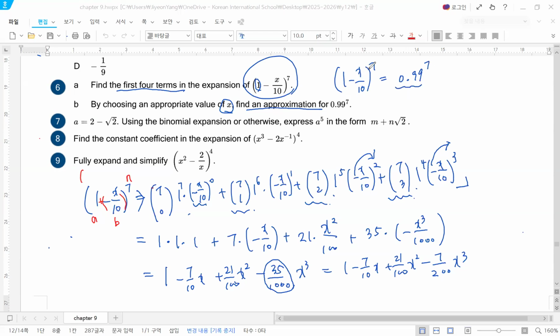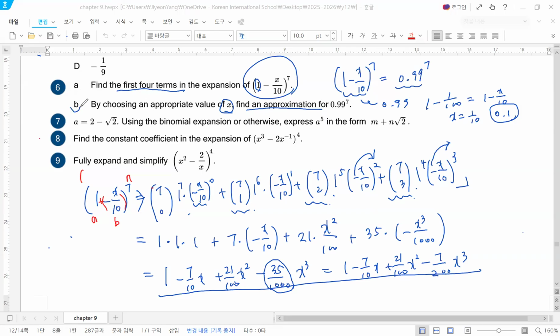So you need to choose a value of x to make this 0.99, which means 1 minus 1 over 100, right? 1 minus x over 10, then the value of x should be 0.1. So substitute 0.1 here because normally this question B follows from A, so you need to use the answer from A. So substitute 0.1 here, 0.1 here, 0.1 here.